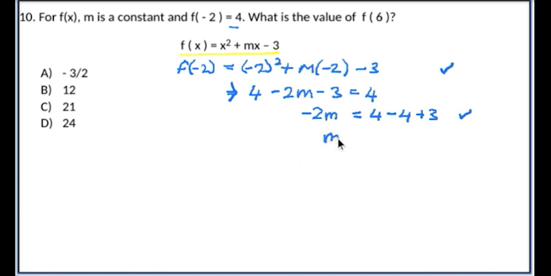So now we get m is equal to, these cancel, we will get 3, and also divide across by this one here, and that will give us a negative 2 down here. So m is equal to 3 over minus 2, which is also minus 3 over 2. Okay, so now we're going to replace the m value up here with the minus 3 over 2.